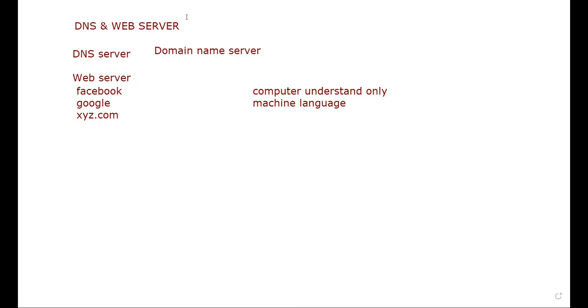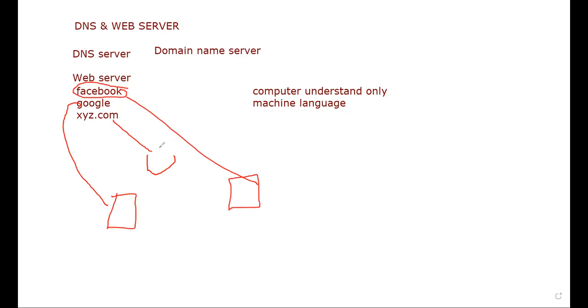If you want to let the computer know about the name, for example, this is my web server Facebook, this is my web server Google, xyz.com, the computer only understands things like 10.0.0.1, 20.0.0.2, 30.0.0.3. So if you want to resolve your name with IP, you have to use a DNS server.